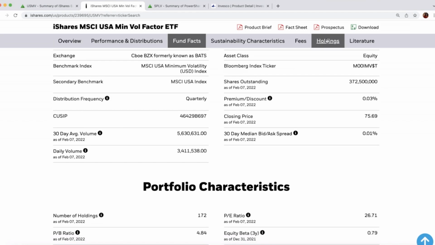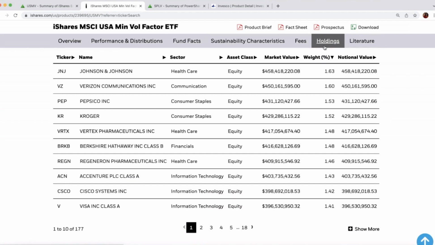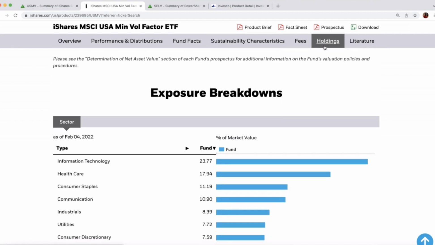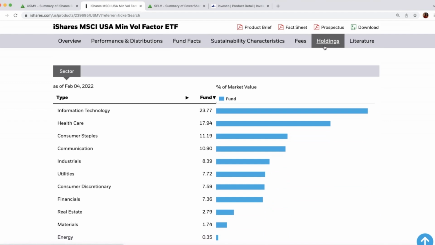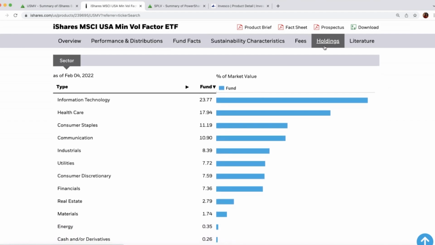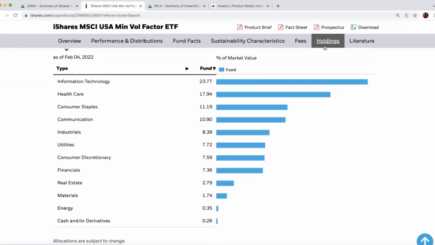If you look at the holdings, you will see Johnson & Johnson, Verizon, PepsiCo, Kroger. These are the top holdings. In looking at the sector exposure, IT, healthcare, consumer staples, and communications. So there is more tilt towards the defensive sectors compared to the broader indexes.